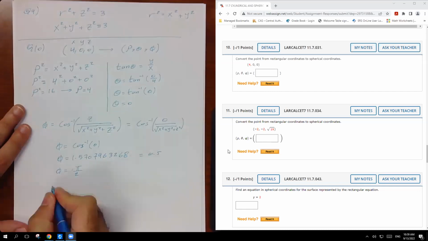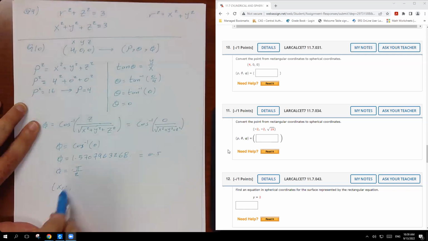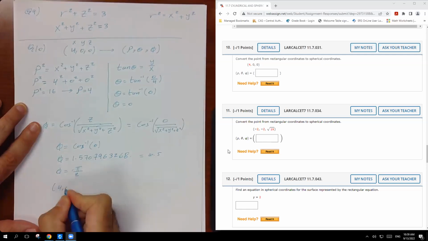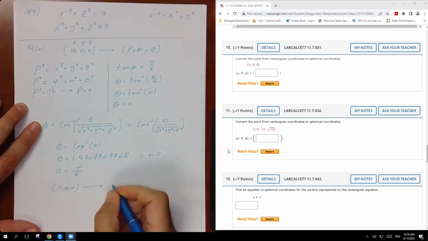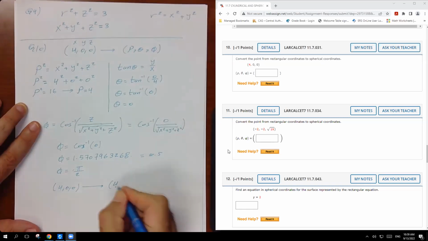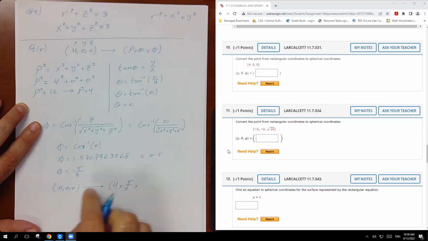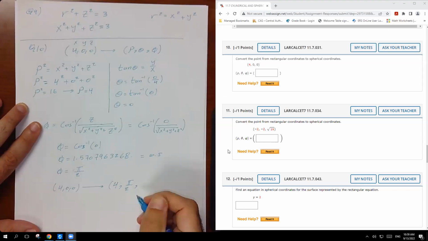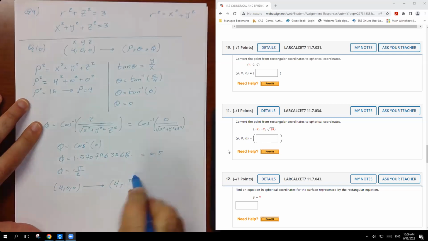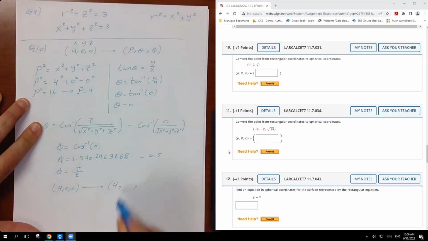So x, y, z, or let's write them as a point, 4, 0, 0 is going to be rho is 4, theta is 0, and phi is pi over 2.